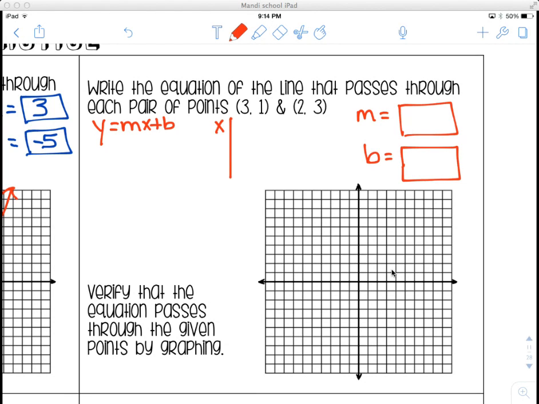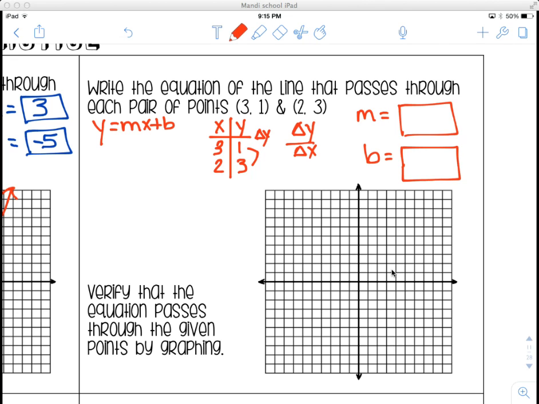So we're going to have an x and a y. My first point is 3 on the x, 1 on the y. My second point is 2 on the x, 3 on the y. So we're going to use the change in y over the change in x to do this. So here's my y's. So we want change in y here.